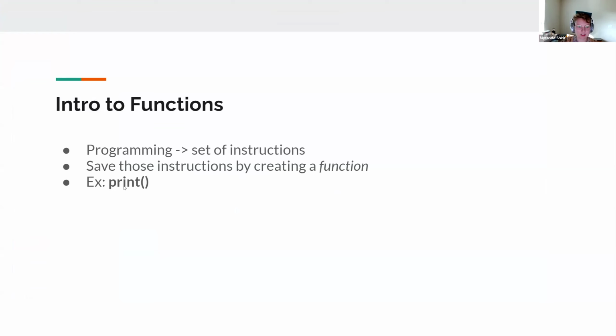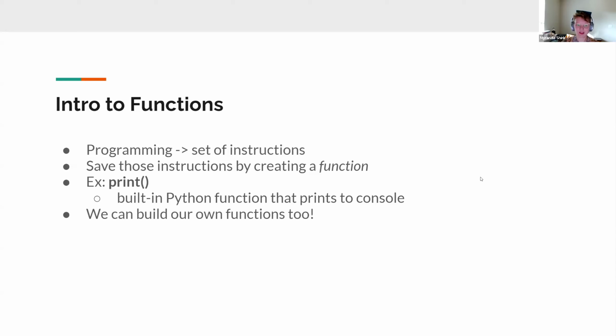This is very nice because now we don't have to keep writing the code that under the hood does what the print function does, which is print stuff to the console, and we can just use it. This is a built-in Python function. But we can create our own functions to use within our code. We don't have to just use the built-in Python functions. And this is what a lot of programming is based on, writing functions.